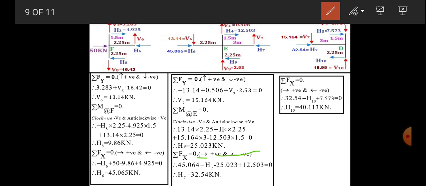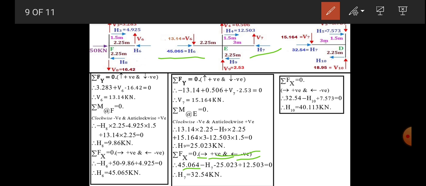Then do the summation Fx. These are the sign convention, toward the right positive, toward the left hand side negative. 45.064 is a horizontal force H6 toward the right hand side, so positive.